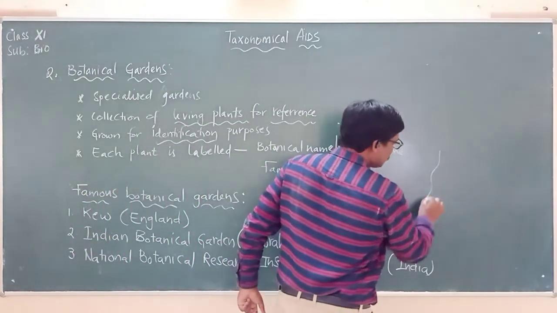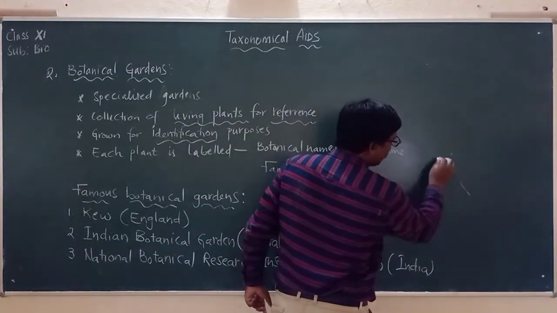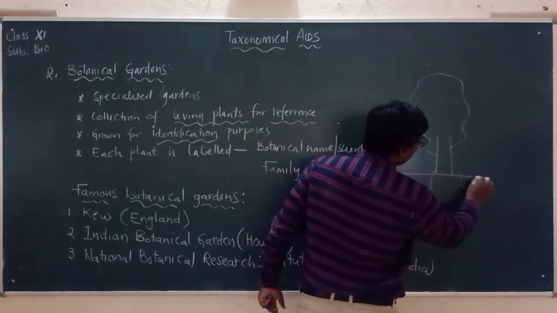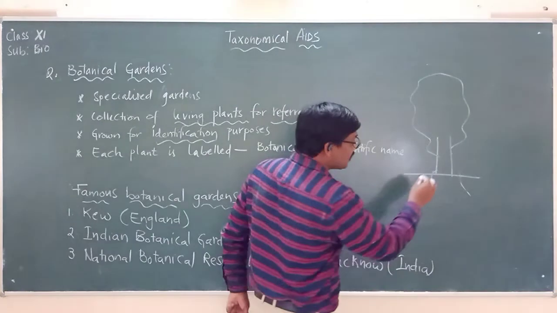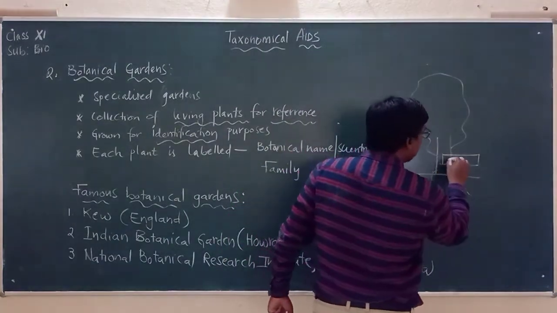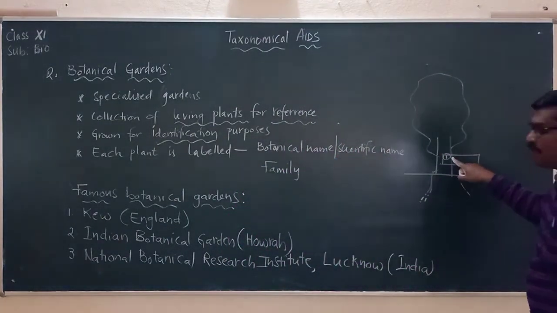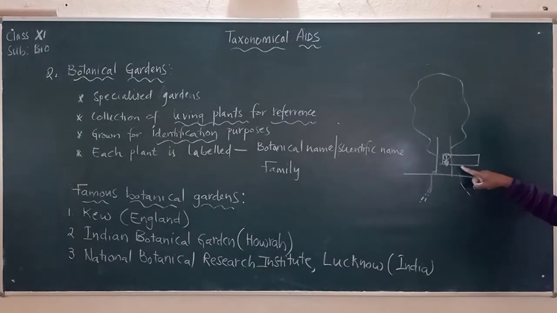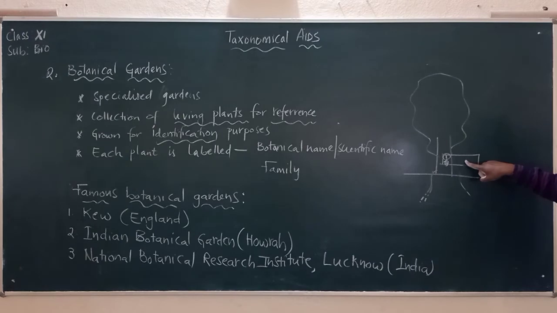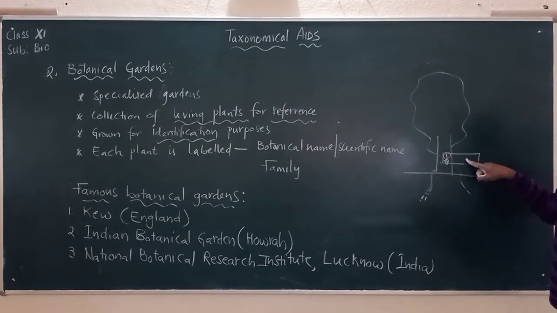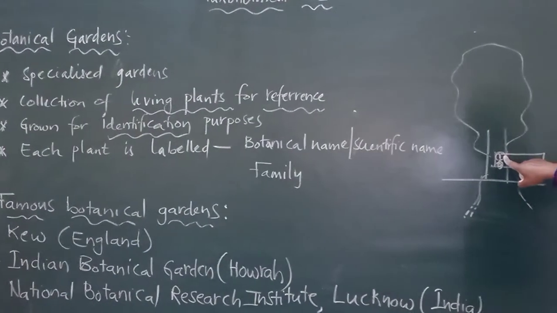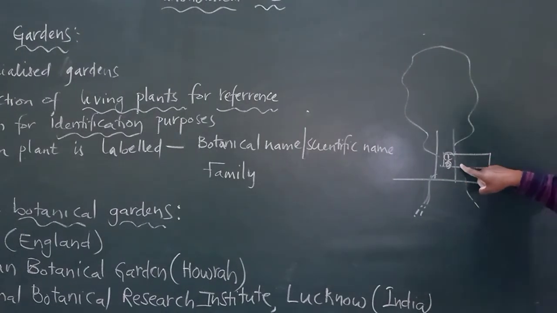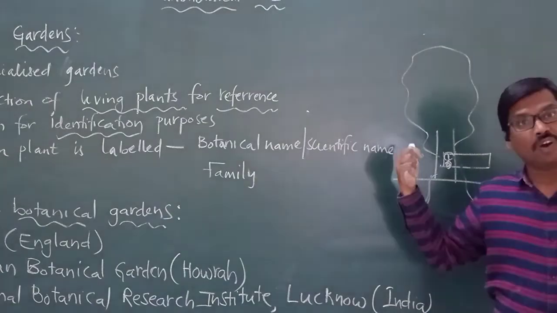So if there is a big plant growing in a botanical garden, its scientific or botanical name will be given, and even the family to which it belongs will be given for that particular plant, on the plant.